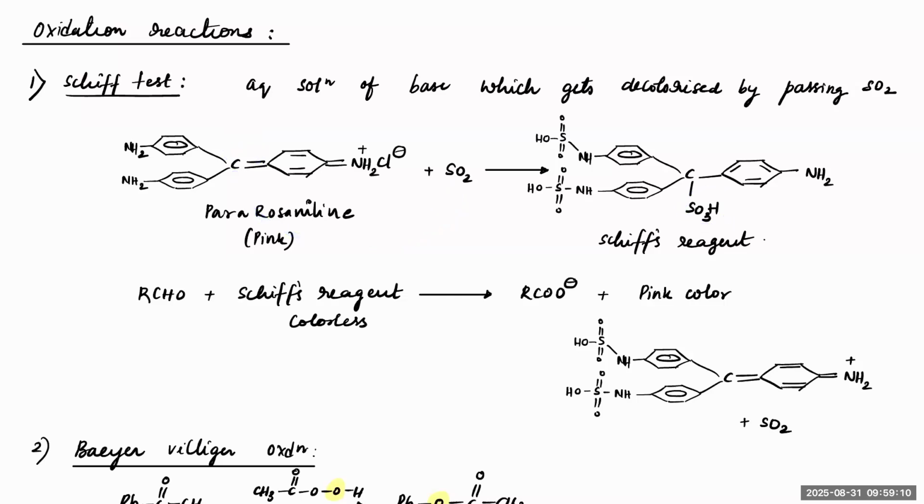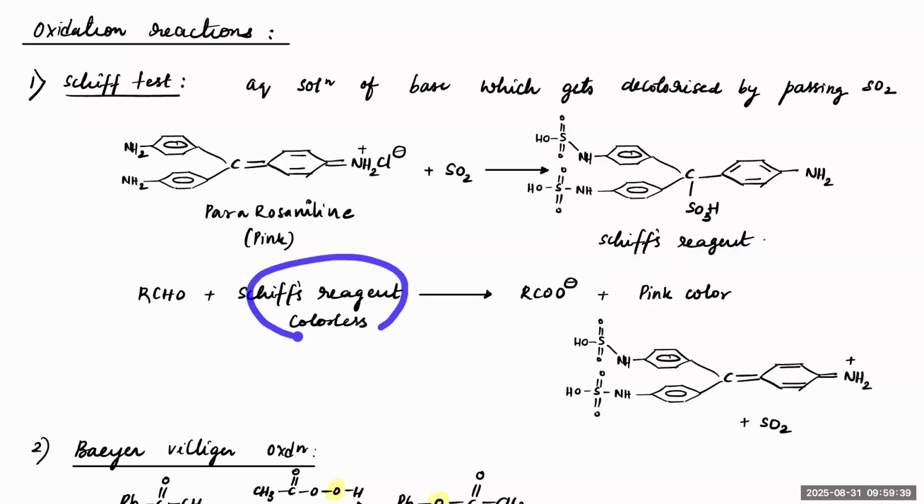So first sulfur will attack on it. The pi will shift like this. Clear? And thereafter, the sulfur has an empty orbital on which water will attack, converting that into SO3H. Okay. And here also on this NH2, SO2 will get attached this way. So what you will get here is a Schiff reagent.